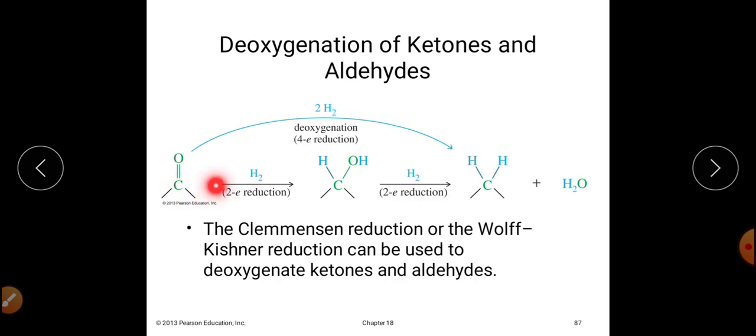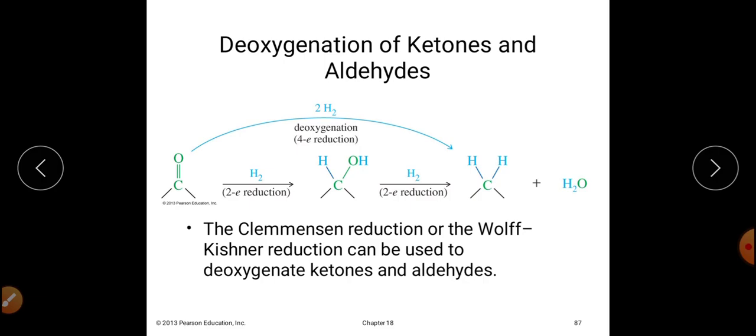So this particular C double bond O will get converted into CH2. Here two hydrogens are added on this particular carbon, so this carbon is now converted into methylene carbon.